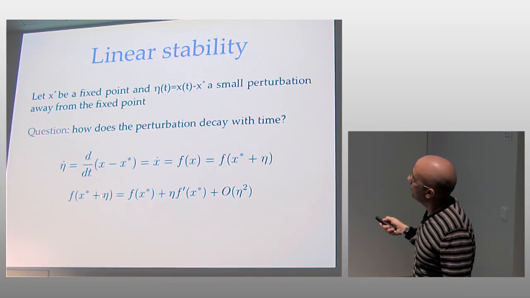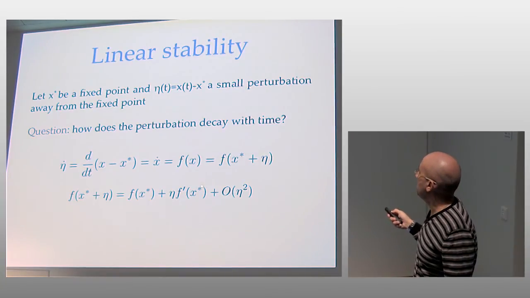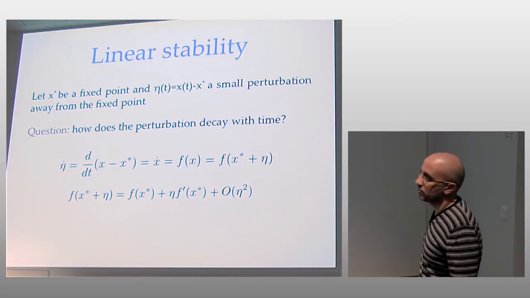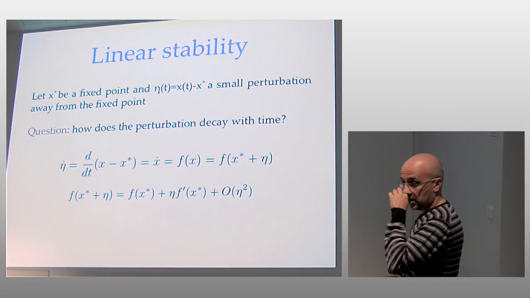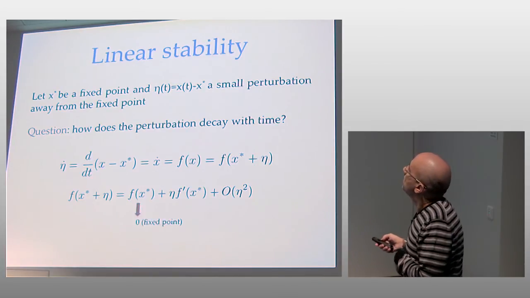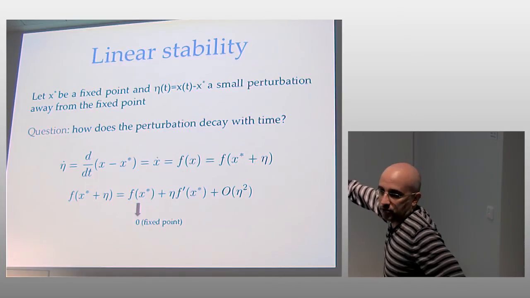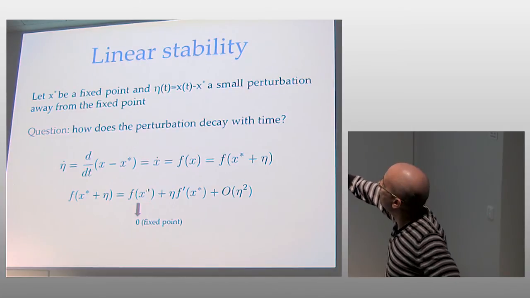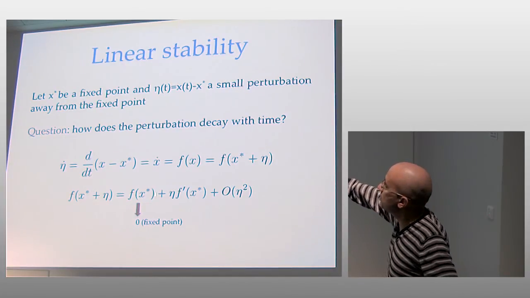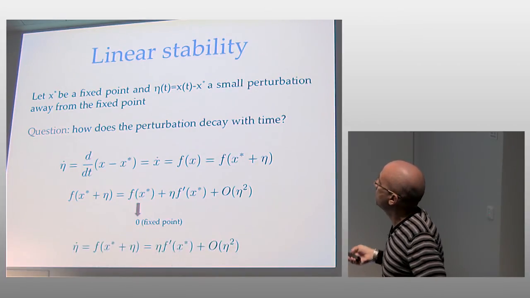So I have f of x star plus eta times the derivative of f at the point x star, plus terms of quadratic, cubic, quartic order, and so on, that I can forget if eta is small enough. But of course, since x star is a fixed point by construction, the velocity is 0 at that point. So this term is 0 by construction, because I'm moving away from a fixed point.